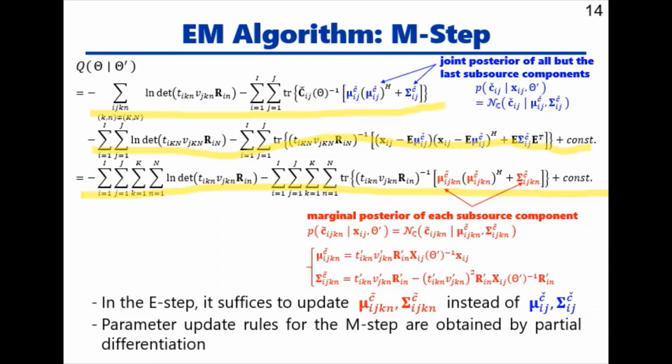In the E step, it is therefore sufficient to update the red instead of the blue variables, which is computationally much more efficient. Parameter update rules are obtained by partial differentiation of this Q function.